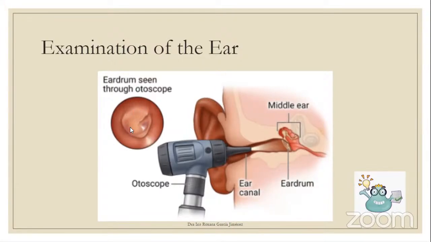It's the same: you have to check the shape, borders, whether there is a lesion, bleeding, pus, those details, in order to evaluate. The middle ear, of course, is not possible to evaluate at this point because it's behind the tympanic membrane, but that's enough.